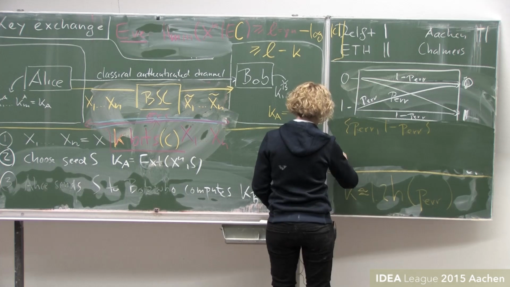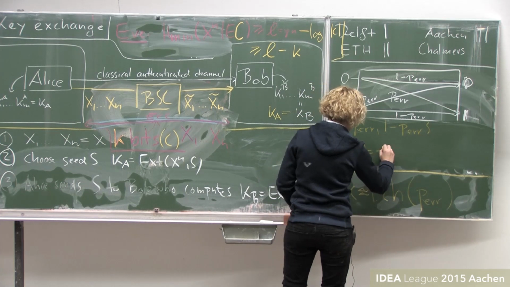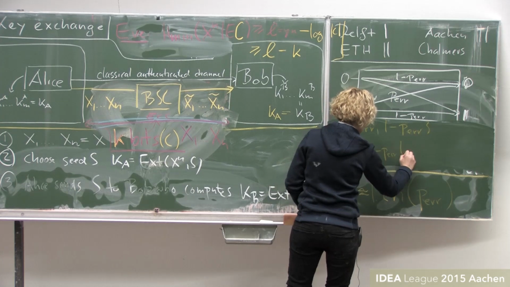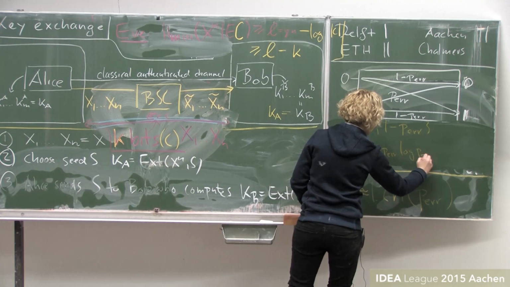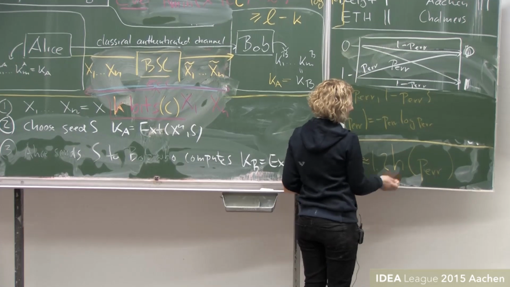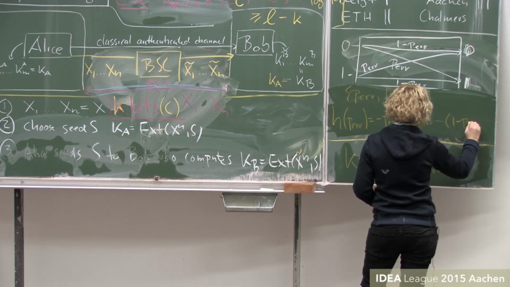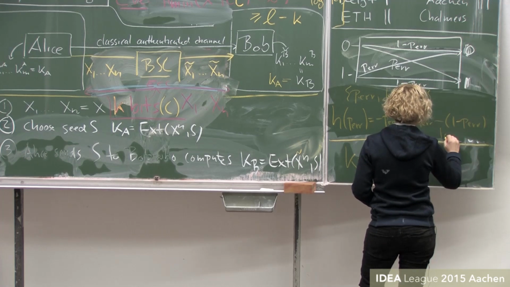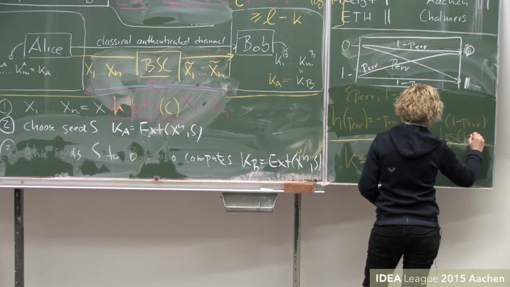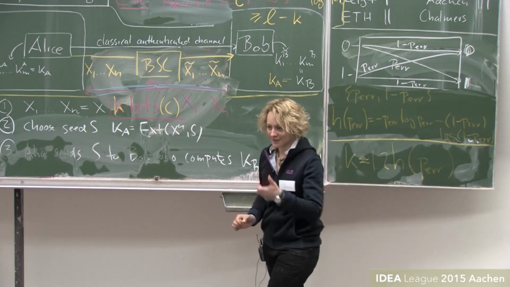So this binary entropy is minus p error log p error, minus 1 minus p error log 1 minus p error. Can you read that? Okay, good.